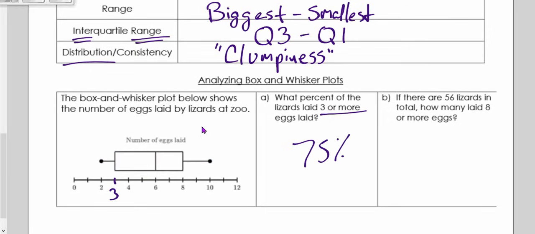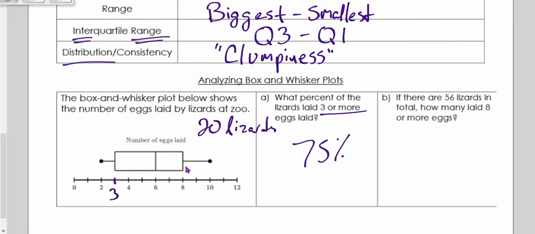So let's say there were 20 lizards altogether. 75% of them laid 3 or more eggs. So it would be exactly the example that I said before, 5, 5, 5, and 5. That would mean 15 out of the 20 laid 3 or more eggs. Here we're just looking for that as a percent, which is 75%.